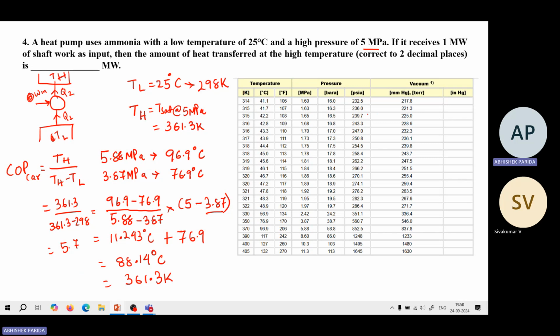Then if it receives 1 megawatt of power as input, so in COP, which can also be written as QH divided by W, is equal to 5.7. W is known to us, 1 megawatt. So you'll find that QH is 5.7. It is asking in megawatt, so it is 5.7 megawatt.